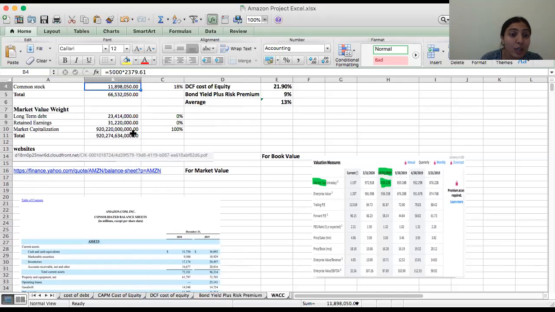So I can get a huge number for my equity in the form of market capitalization. Same thing, in order to find the weights of each individual item, I divided my long-term debt by the total, the retained earnings amount by the total, and the market capitalization amount by the total. So I got the weights of each individual item, which are here.